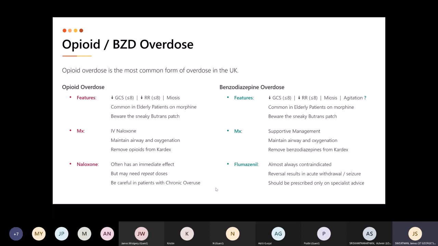The management is supportive, as we said: maintain the airway, maintain oxygenation, let them sleep it off, and remove benzos from the Cardex. Flumazenil is contraindicated because you get acute withdrawals and sometimes seizures, and it should only be prescribed on specialist advice.